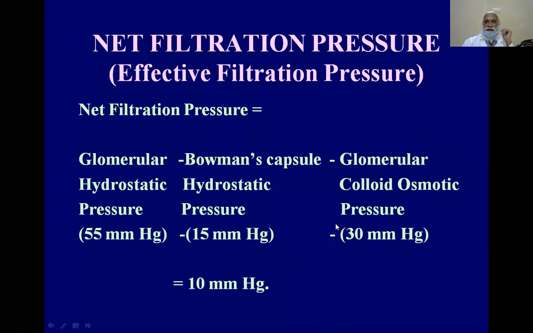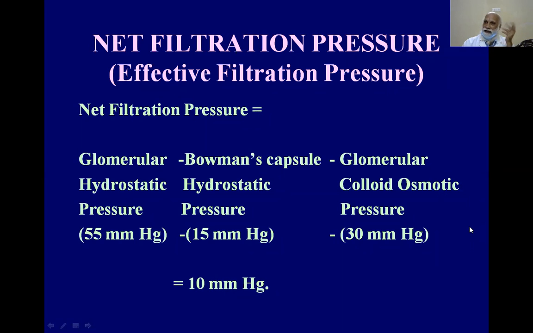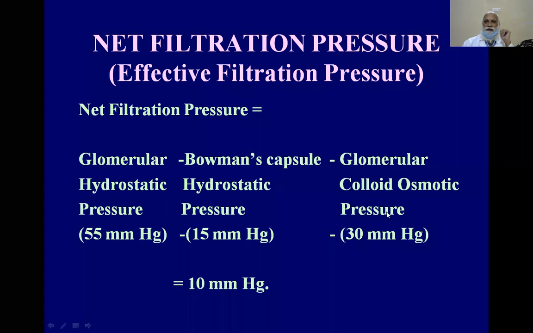But there is one more, glomerular colloid osmotic pressure. Now here, when you talked about hydrostatic pressure, you used the glomerular side and the Bowman's capsular side. Here you are only talking about the glomerular side. There is no Bowman's capsular side written here. The reason is that protein is not filtered, or protein is not coming into the Bowman's capsule.